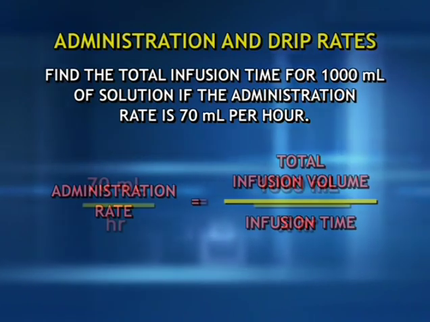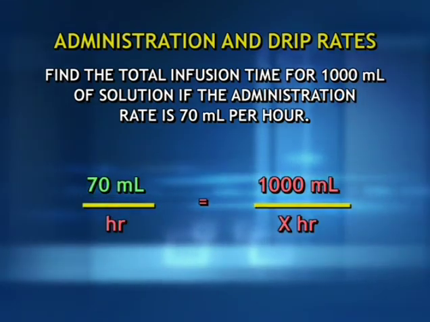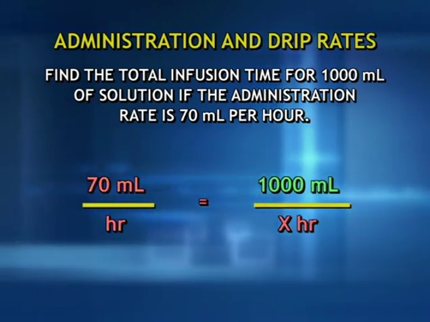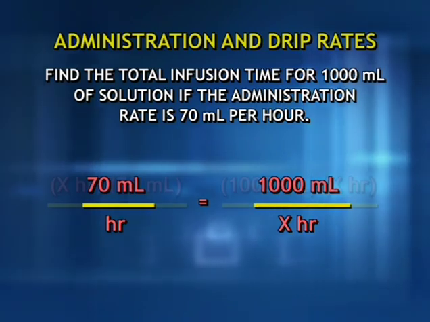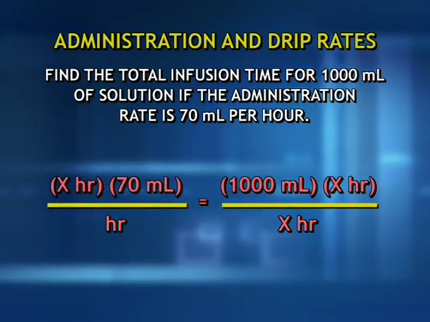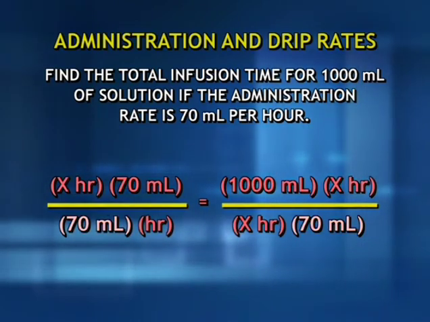Step 1. Set up the equation by substitution. 70 milliliters per hour equals 1,000 milliliters per X hours. First, multiply by X hours, then divide by 70 milliliters.